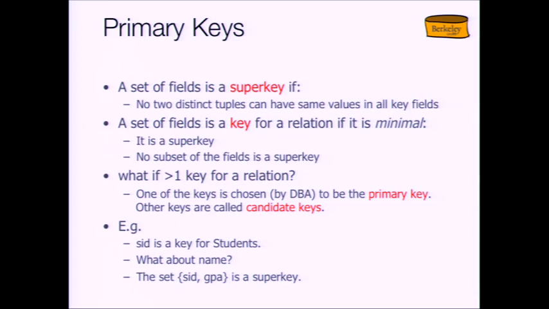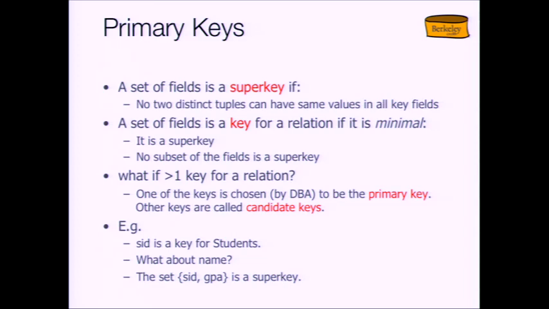No two student tuples can have the same value for SID. Given that, no two students can have the same value for the combination of SID and name, or the same combination of SID and major, or the combination of SID, name, and major. Those are all superkeys. So a superkey is potentially bigger than what you need for uniqueness.